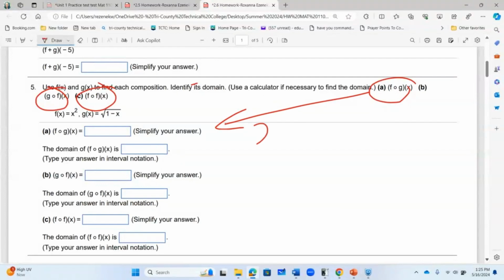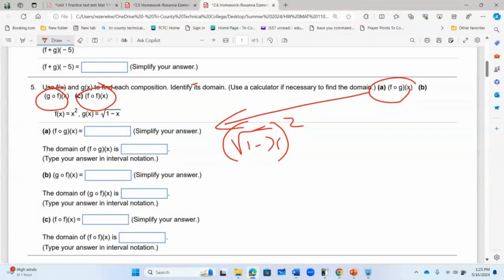So that's x squared, but wherever I see x, I should put in the square root of 1 minus x. So I want to open parentheses right here. I'm going to leave this where it is. Wherever I see x, I'll put in the quantity square root of 1 minus x.